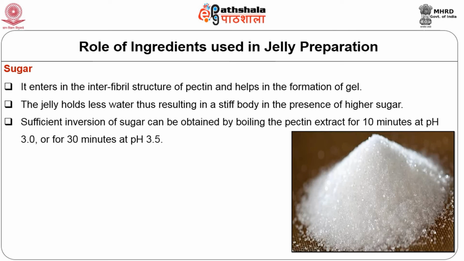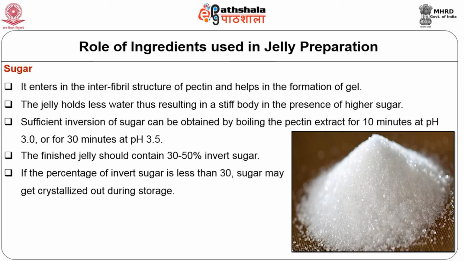Sufficient inversion of sugar can be obtained by boiling the pectin extract for 10 minutes at pH 3 or for 30 minutes at pH 3.5. The finished jelly should contain 30 to 50% invert sugar.